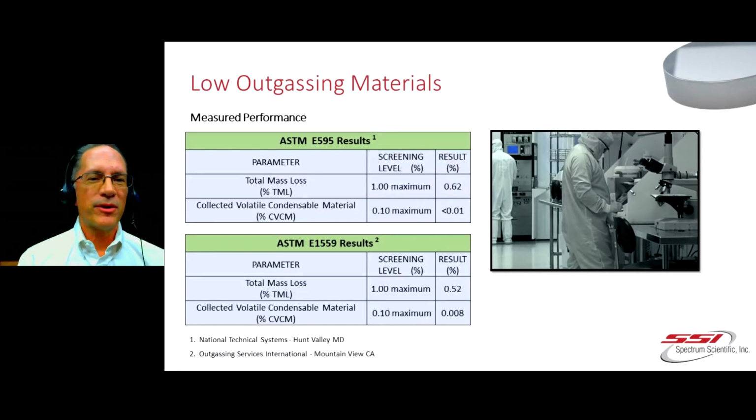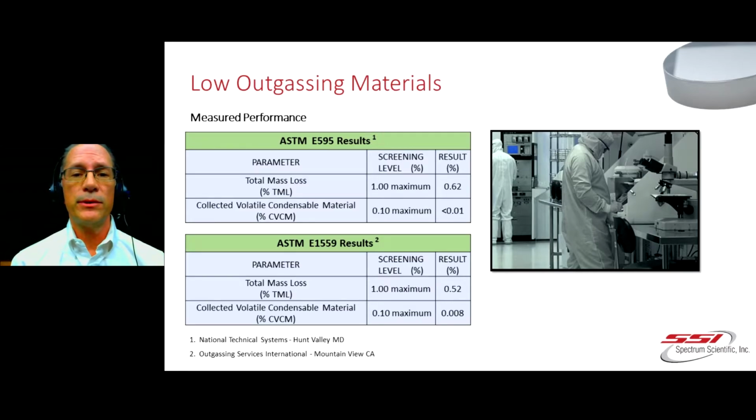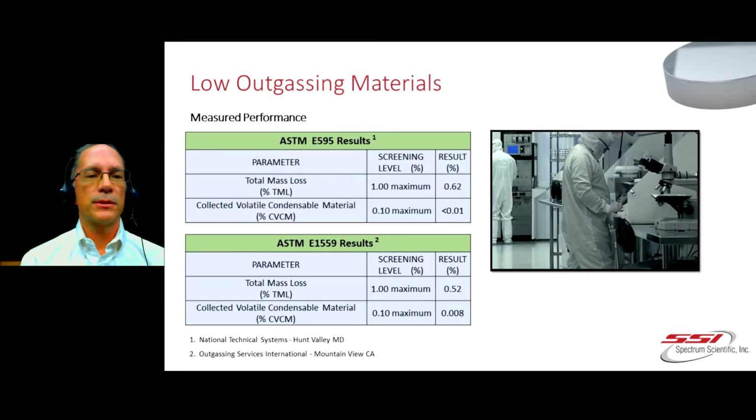While we're on the topic of materials, we want to make it clear that the optical transfer material we use is a low outgassing material. These are the test results from two separate independent laboratories, and there are two different types of measuring outgassing. And the second column says screening level.